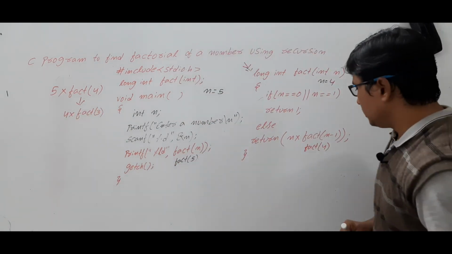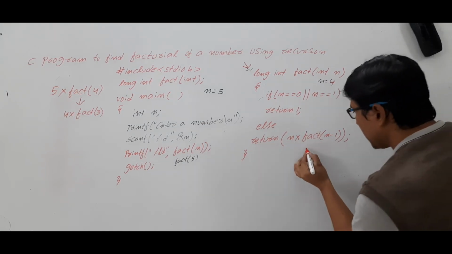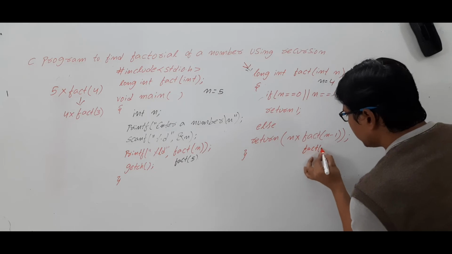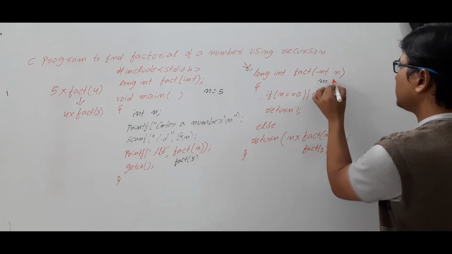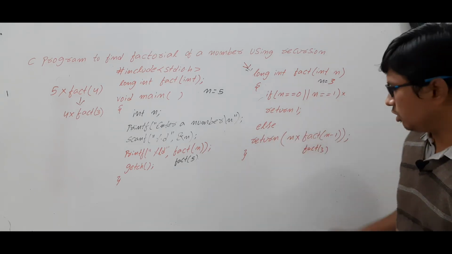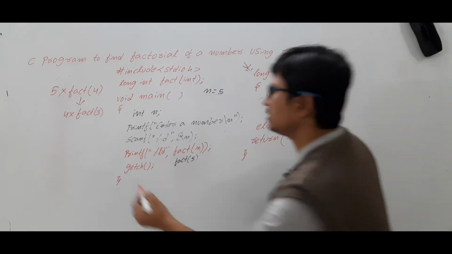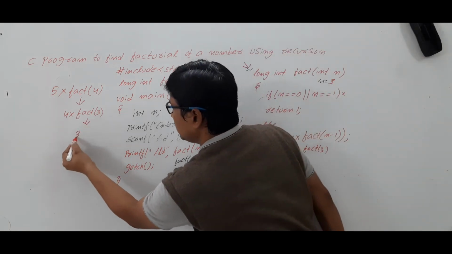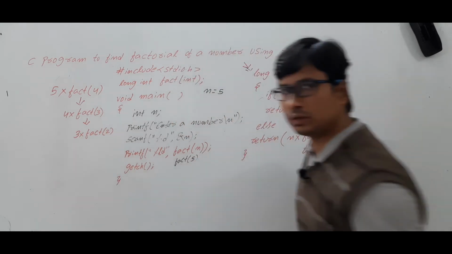So this function is calling itself with a value of 3. Again the control will come here. Now the n value will be 3. Again this condition is false. The control will come to the else block, which is n into factorial of n minus 1, which is nothing but 3 into fact of 3 minus 1, which is equal to 2.